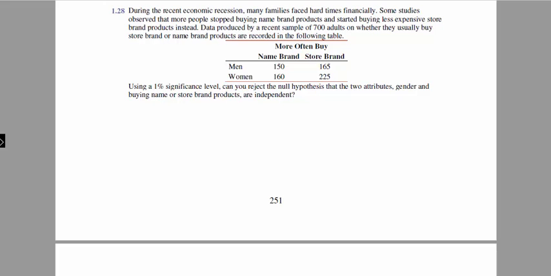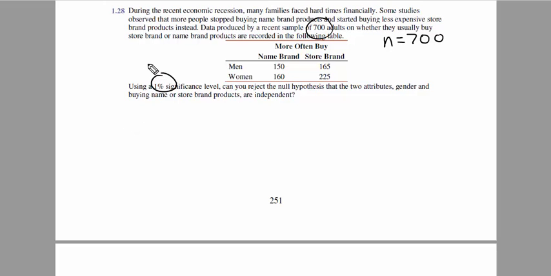Many families face hard times financially. So some studies observed that more people stop buying name brand products and start buying less expensive store brand products instead. Data produced by a recent sample of N equals 700 adults and whether they usually buy store brand or name brand products are recorded in the following table.